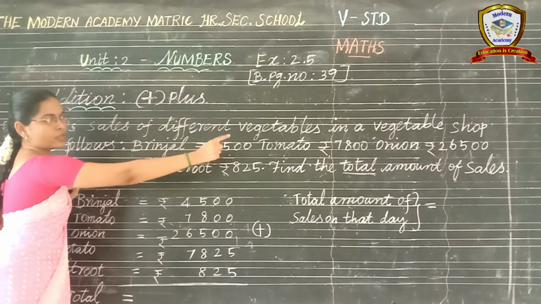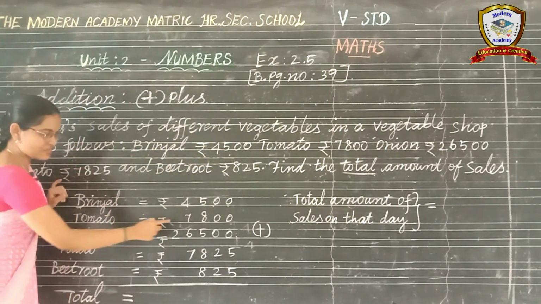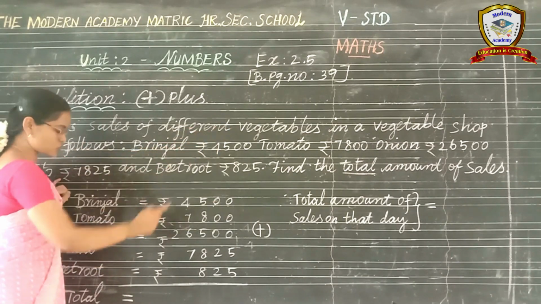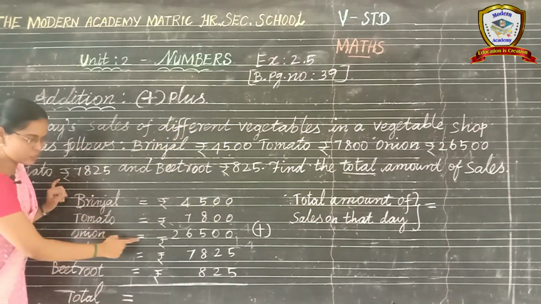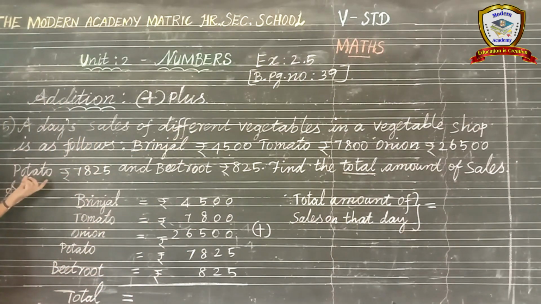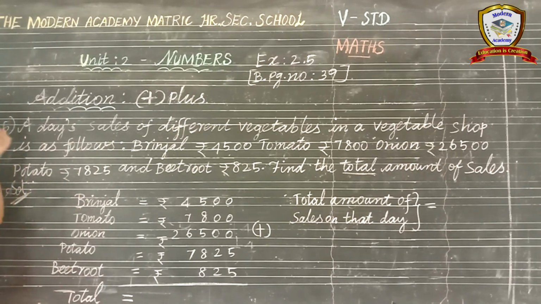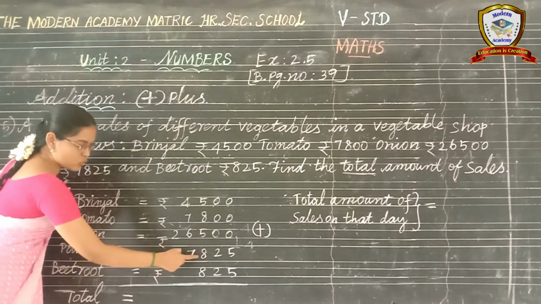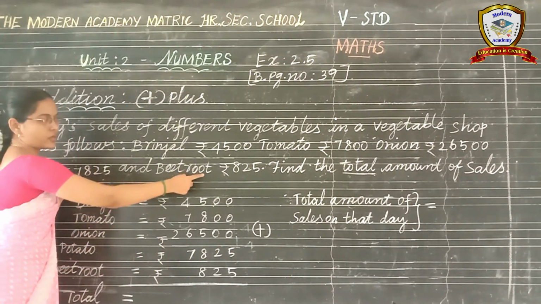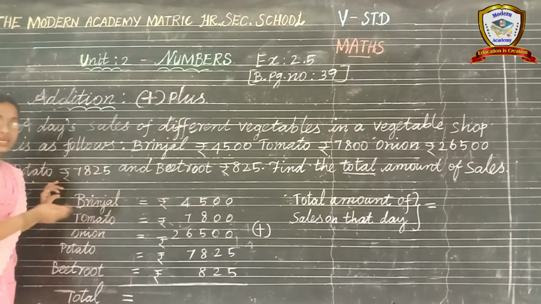Next, tomato. Tomato is sold for 7,800 rupees. Next, onion is 26,500. So onion is equal to 26,500 rupees. Next, potato is sold for 7,825 rupees. Next, beetroot. Beetroot has been sold for 825 rupees.